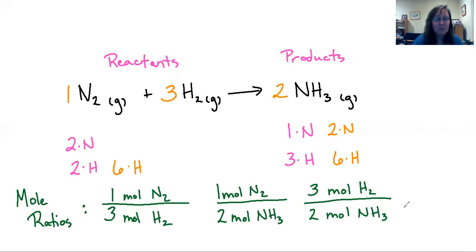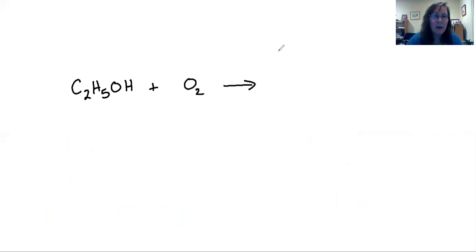Okay, let's take a look at something that would be more challenging. And the equation that we're going to look at now is C2H5OH plus oxygen gas. And here I'm leaving off my states, and that's okay.